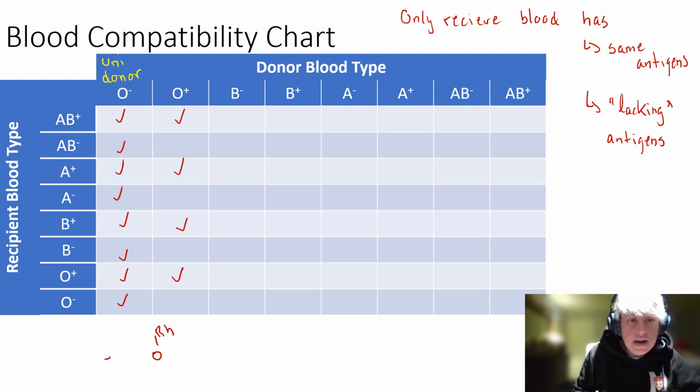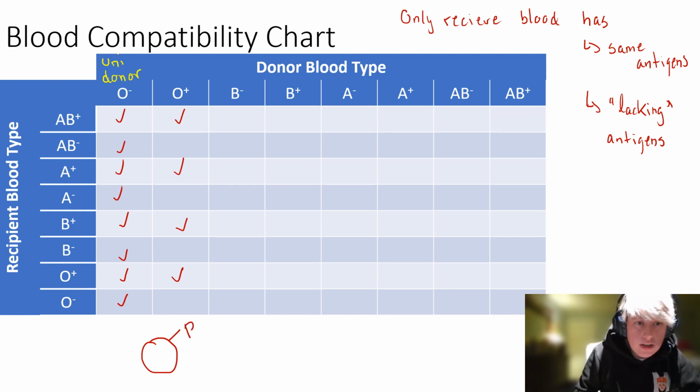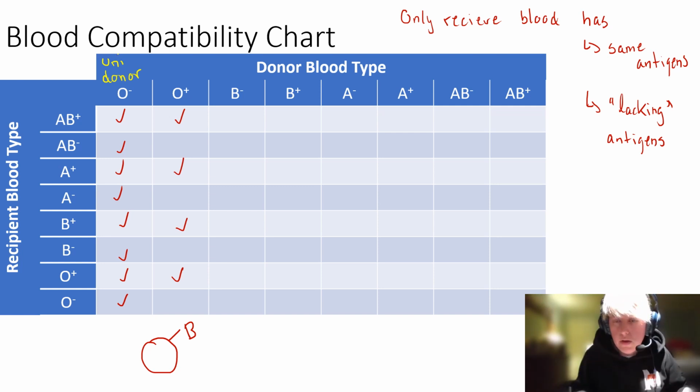Now, if we're looking at our next blood type, B negative blood, it would basically be our red blood cell with just the B antigen on it. Because it has the B antigen on it, I cannot give it to my O blood groups because they don't have the B antigen.